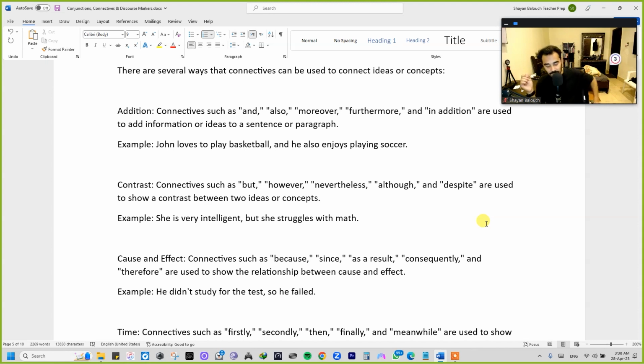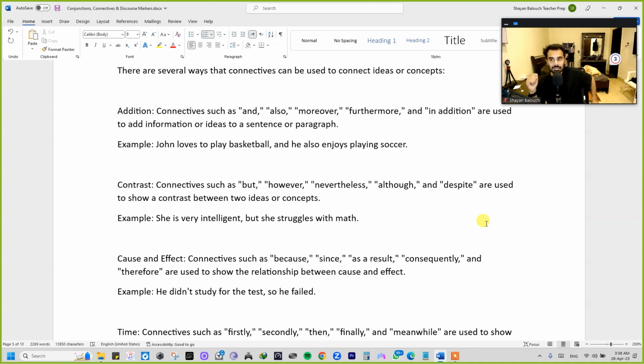For example, connectives such as but, however, nevertheless, although, and despite are used to show contrast between two ideas or concepts. Before I go any further, let me tell you why we are learning so many different words to describe one thing.